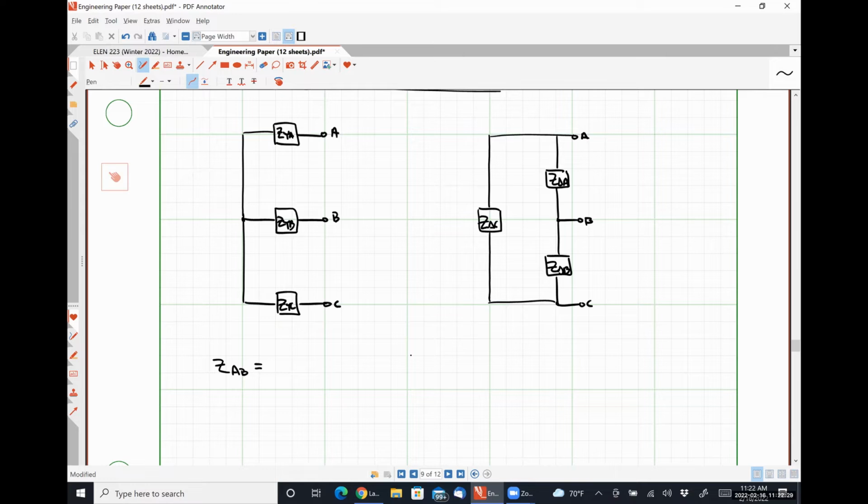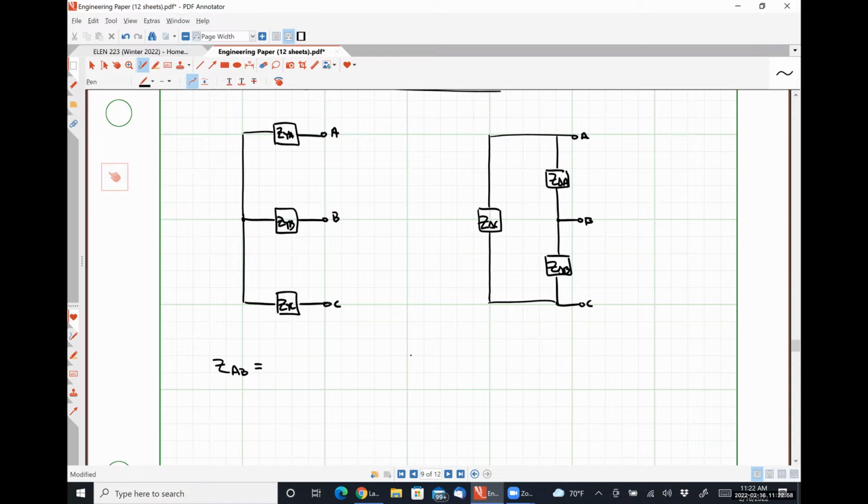I'm looking in between this terminal A and this terminal B and trying to find my equivalent impedance. What do I see? This says ZYA, this says ZYB, this says ZYC. Anybody else? Pardon?